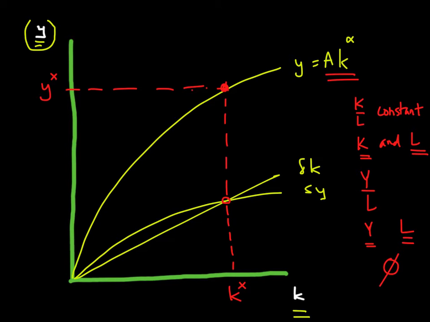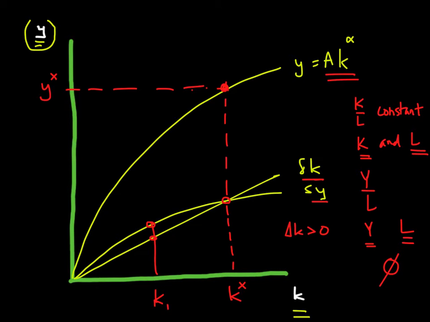Now, before I switch over and add labor and then later on technology to this story, note this though: if we were to start at a capital labor ratio that was much lower, like K1 over here, at this lower capital labor ratio, we can see that our saving is greater than our depreciation of capital, and therefore the change in capital would be greater than 0.